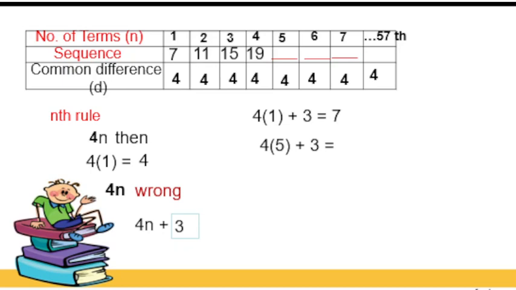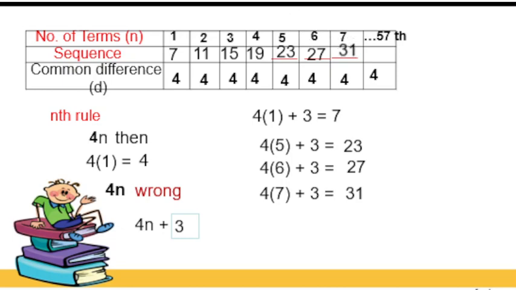For the fifth term, 4 times 5 is 20 plus 3 is 23. For the sixth term, 4 times 6 is 24 plus 3 is 27. And for the seventh term, 4 times 7 is 28 plus 3 is 31.